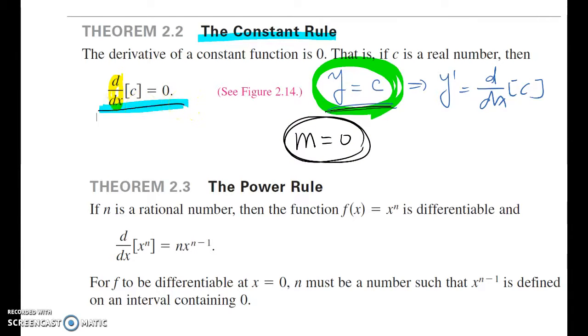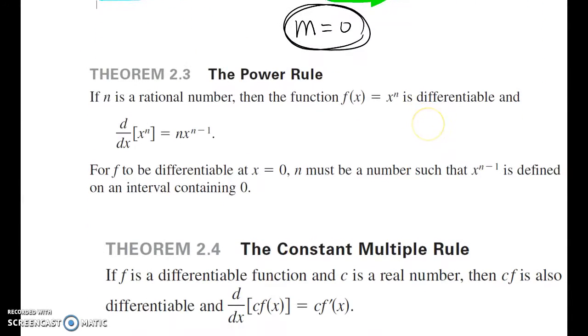Now, the second part, the power rule, which you will use the most. If n is a rational number, then the function f(x) equal to x to the n power is differentiable, and d over dx of x to the n equals n times x to the n minus 1.